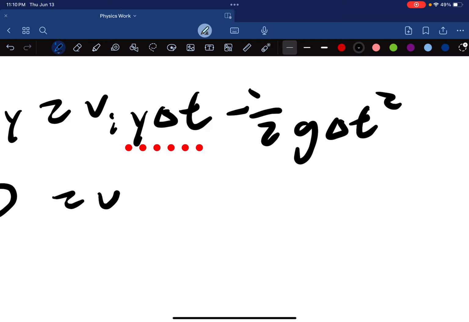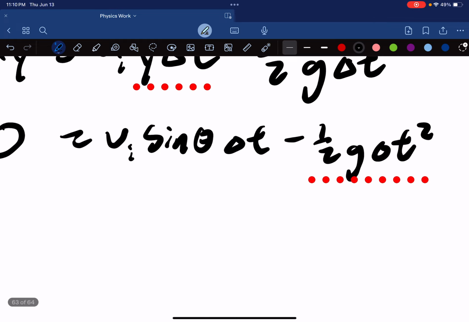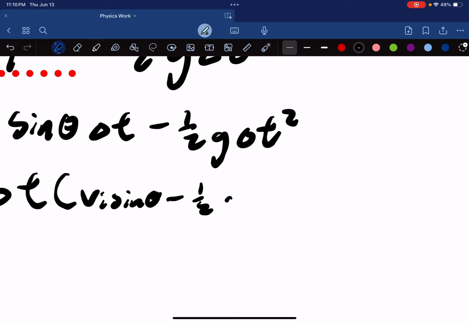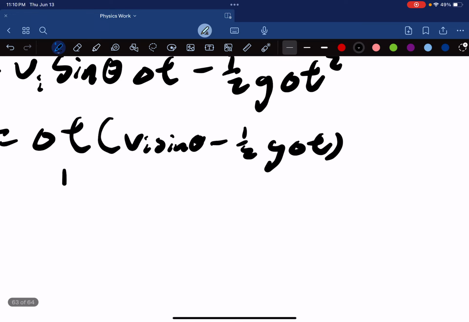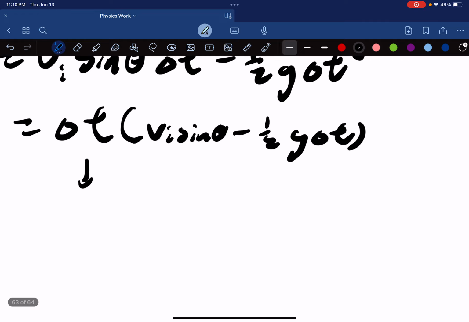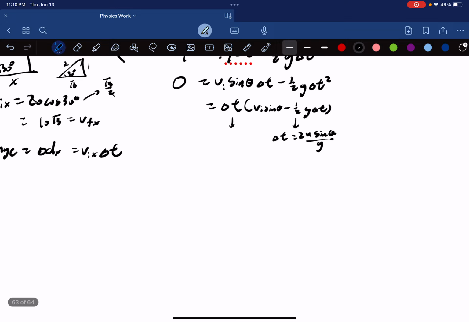And then we can start expanding this out and factor out delta t, so you can solve for delta t. So Vi sine theta minus 1 over 2 g delta t, and this is at initial time, at takeoff, and this is the delta t we want to find. So delta t equals 2 Vi sine theta over g.